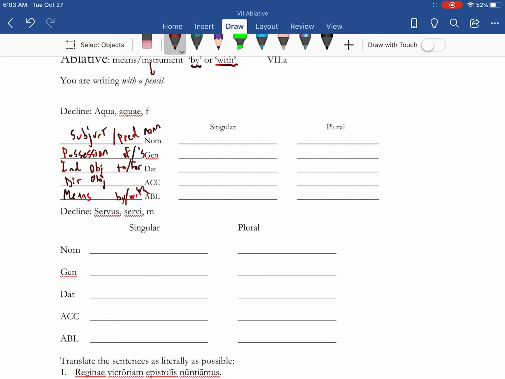Now I'm going to give you the endings. So here's my stem for water.